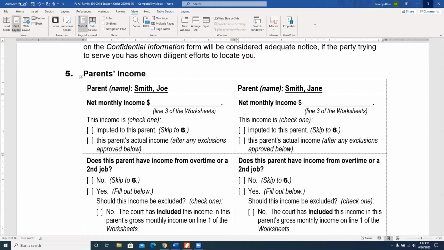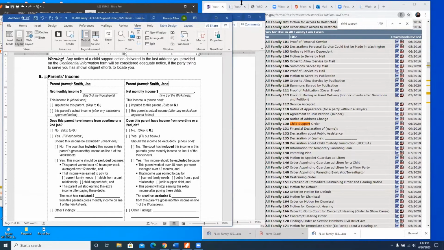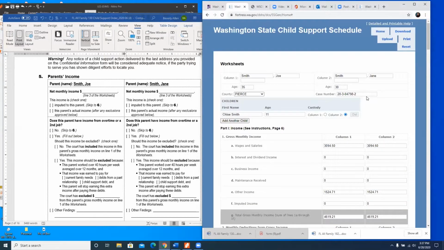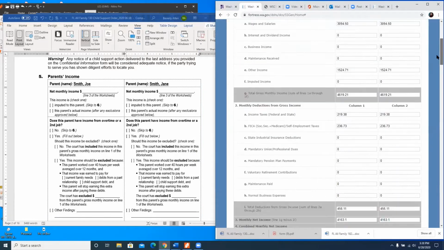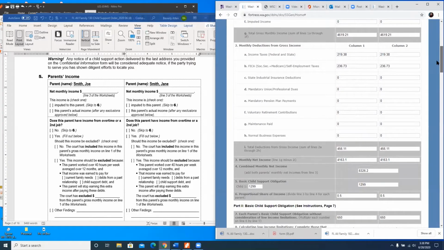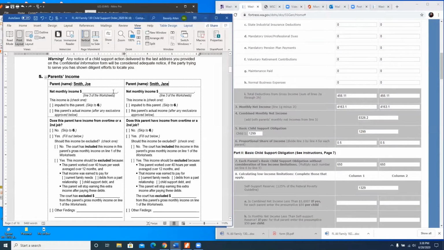So now we need to go back to the worksheets that we completed to get the income information. So it's looking for the net income. That is found here in section 3. And each parent has the same net income.